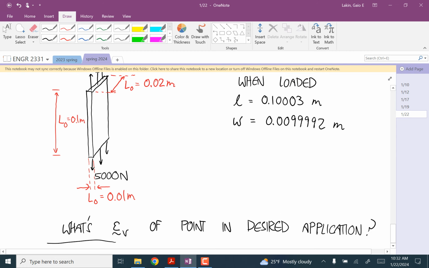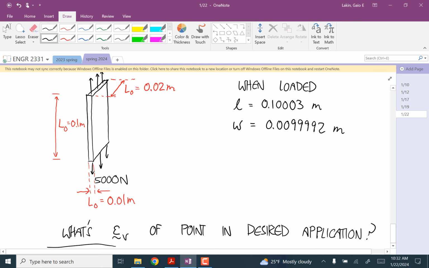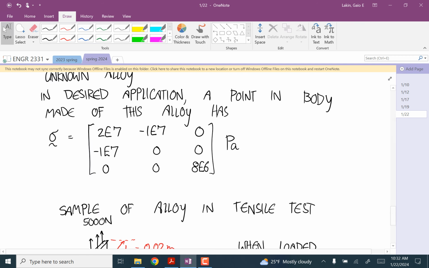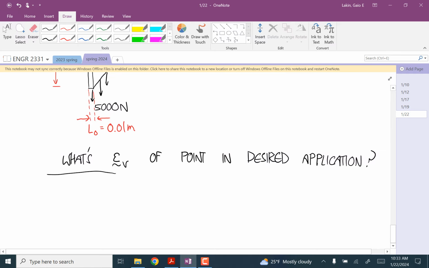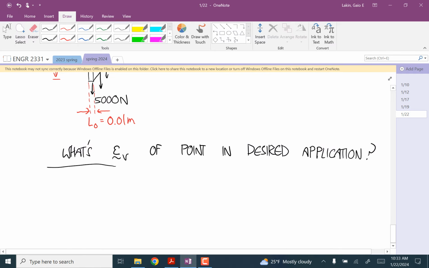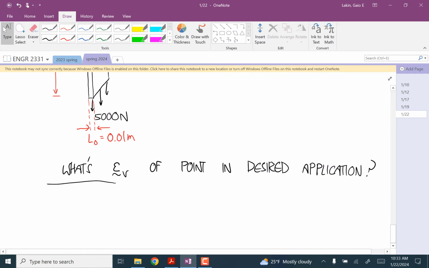Okay, so we're going to use the tensile test to come up with a compliance matrix. Then we're going to use the compliance matrix with this known stress and calculate the corresponding strain. First, to calculate Young's modulus, remember Young's modulus is the XX stress, the loaded axis stress, divided by the loaded axis strain, normal strain.